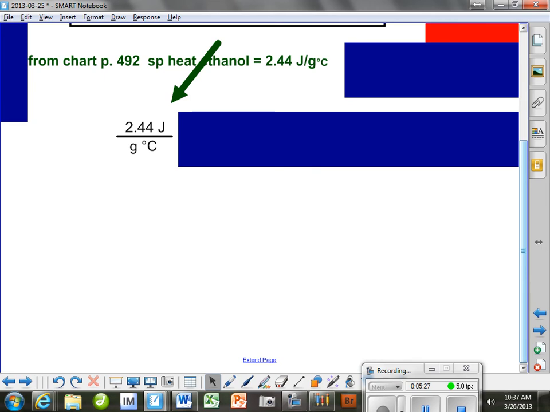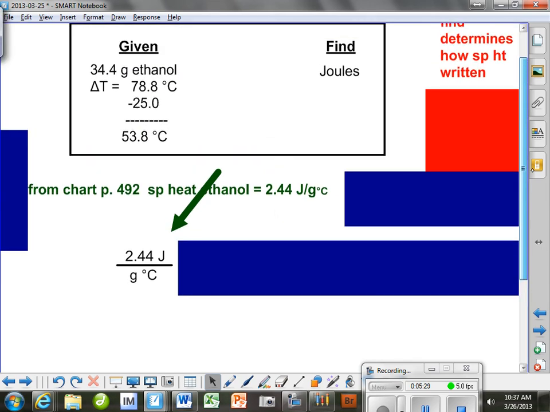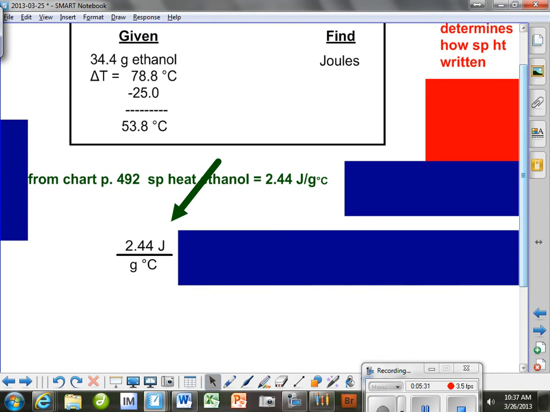Okay, Louisa, you're on. I need to know for the next fraction, which is going to be the grams, would we have grams top or bottom? Top, and what would be on the bottom of the fraction? Is this a ratio or a given quantity? A given quantity.